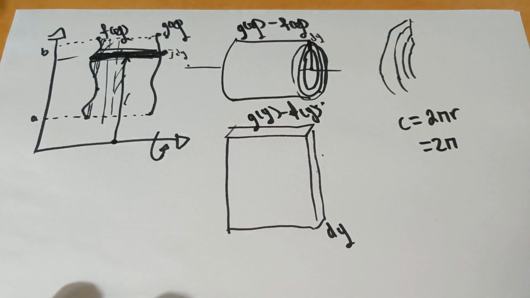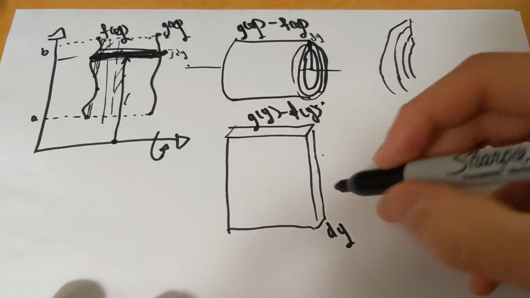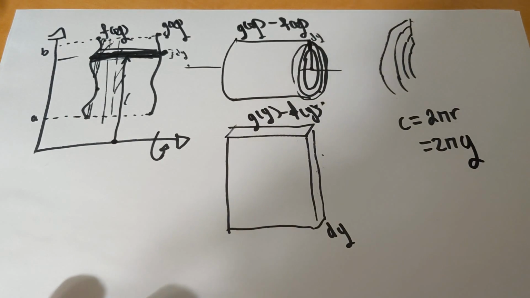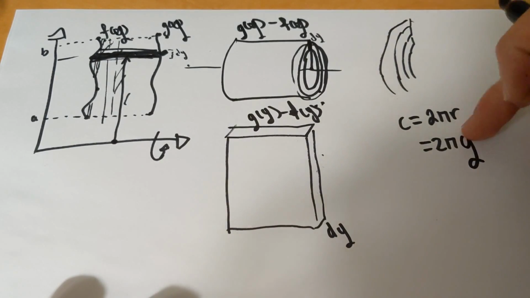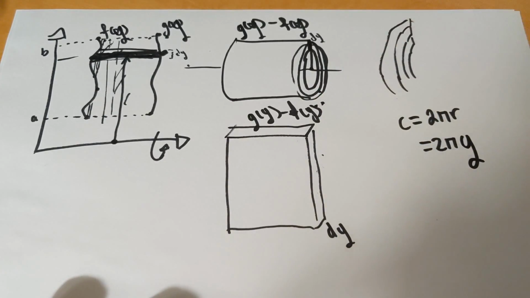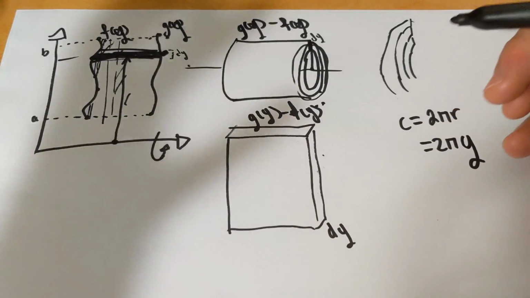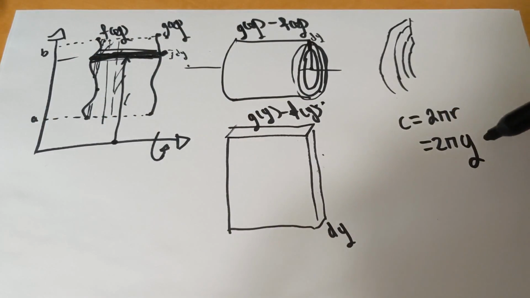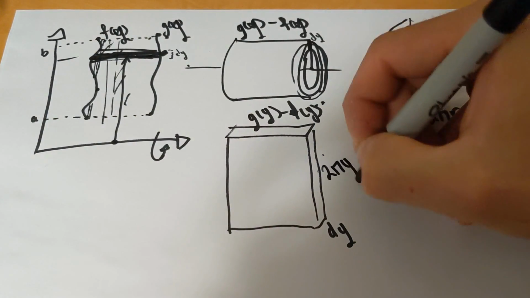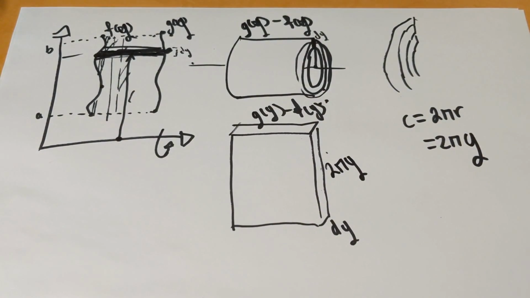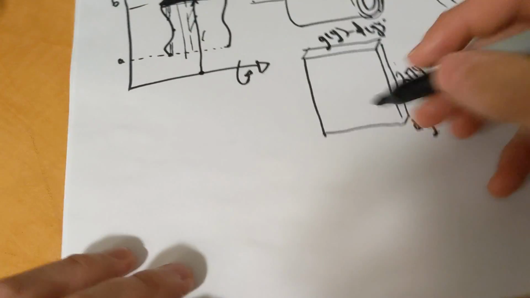This is whatever the y value was at that time. So that's why we give y. It's a variable. The circumference of the shell changes depending upon what level of y you're on. So that's why it's a function of y. It's 2 pi y, correct? And now you know the volume of one.